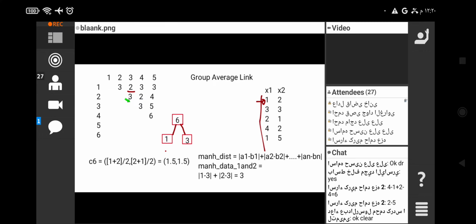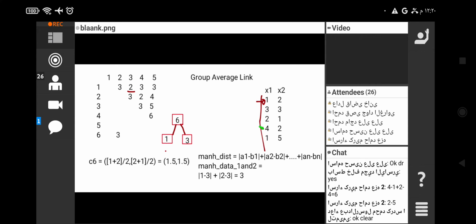Cluster 2 is 3 and 3. So the distance between cluster 2 and cluster 6 is 3. Then the distance between cluster 6 and cluster 4, this is cluster 4.